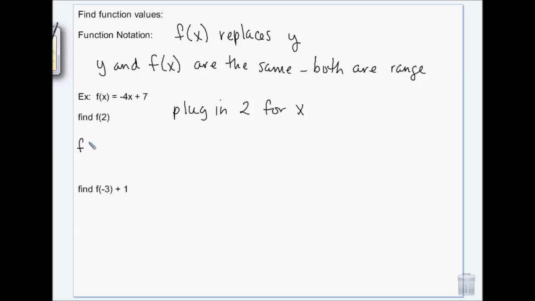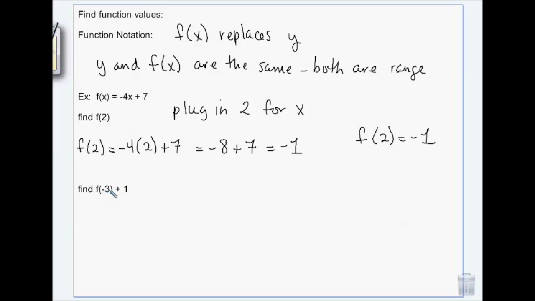So f of 2 is equal to negative 4 times 2 plus 7. So that's negative 8 plus 7. So that's negative 1. So I can say f of 2 equals negative 1. So whatever is in here gets plugged in.